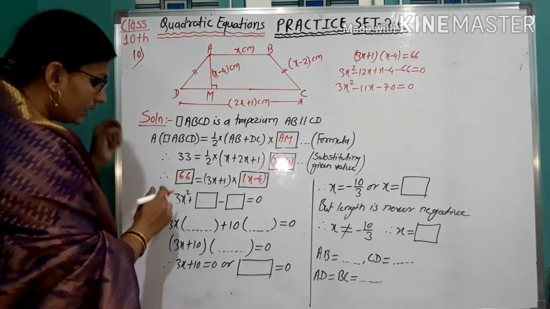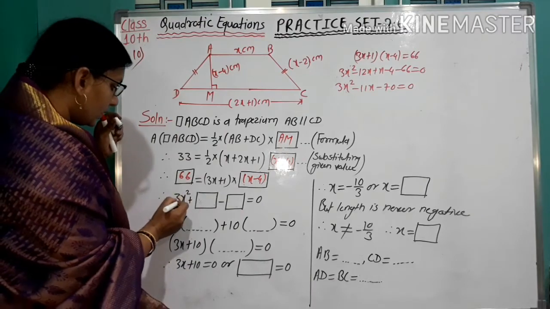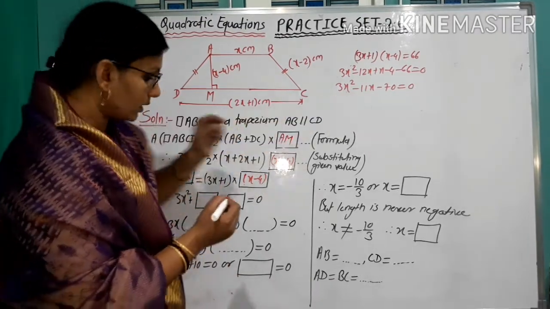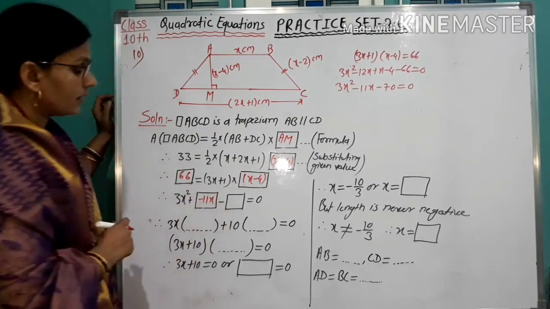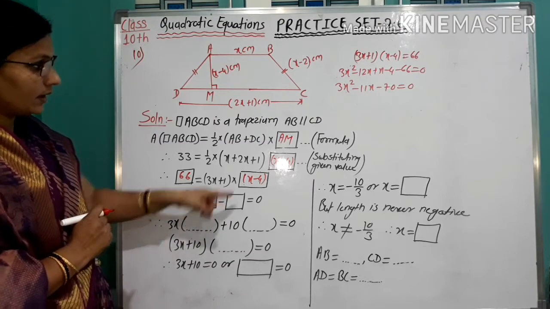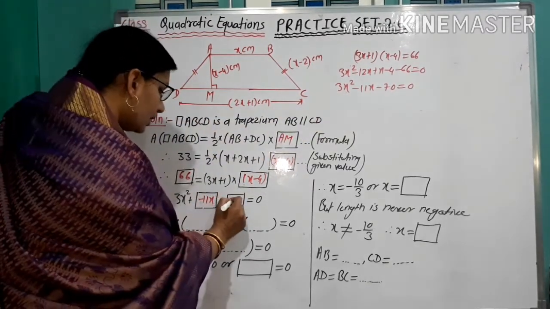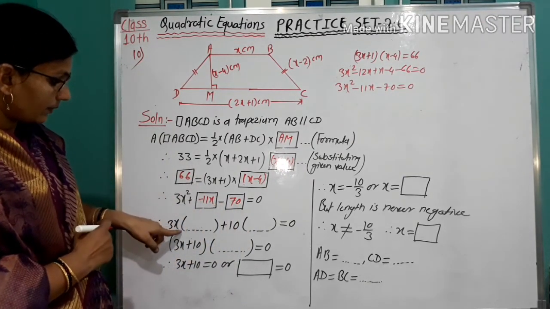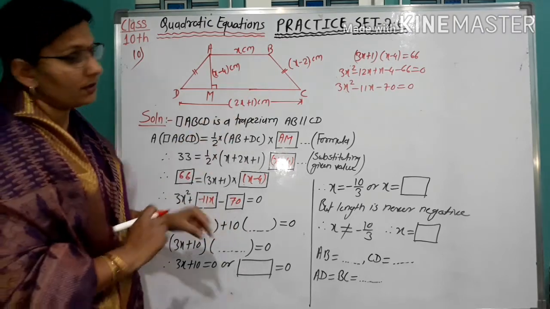Then see in this step 3x square plus, there are two boxes, plus here minus 11x. So here plus sign, write in the box 11x. Minus sign is given here and here value, third term is 70. So write down only 70, not minus 70. Then next step, to fill this, solve the equation roughly.